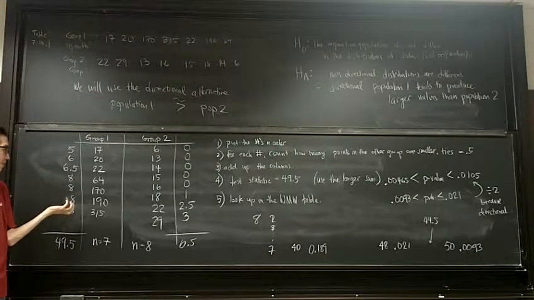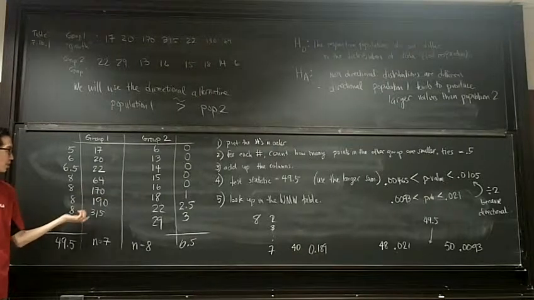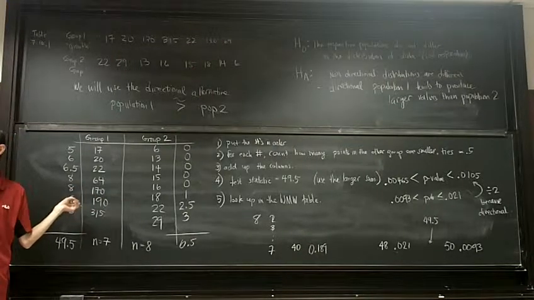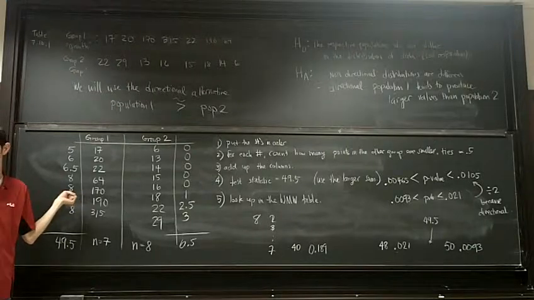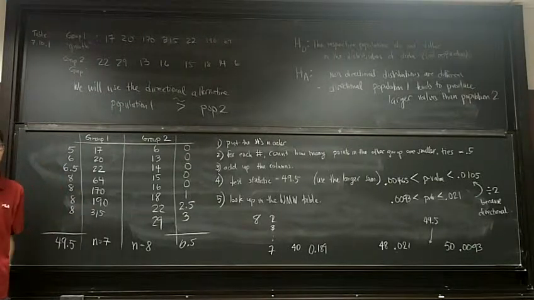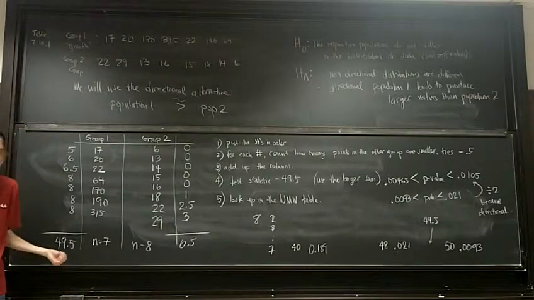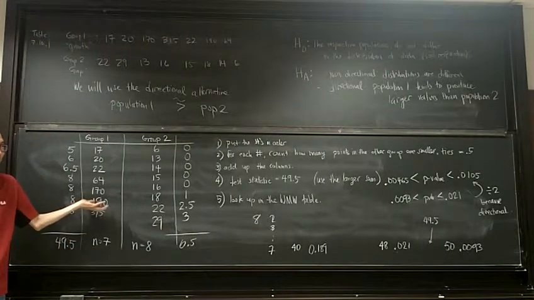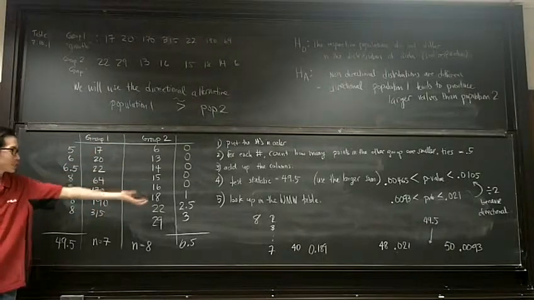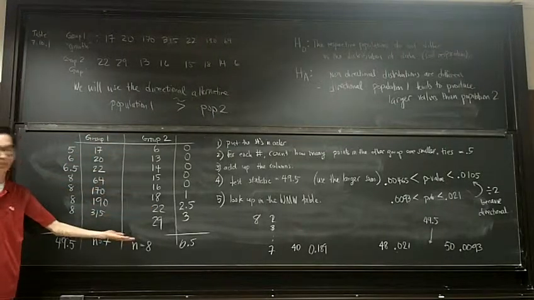Basically you can think of this as how many of team 2 did this person on team 1 beat, right? If you think of this as some kind of wrestling match or weightlifting competition, somebody lifted 190 pounds or something, okay? How many people on team 2 did they beat? They beat all 8 people.